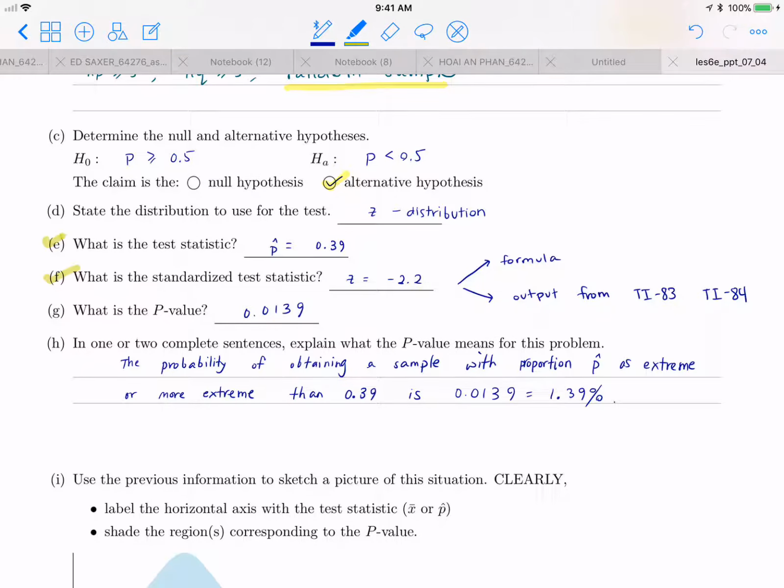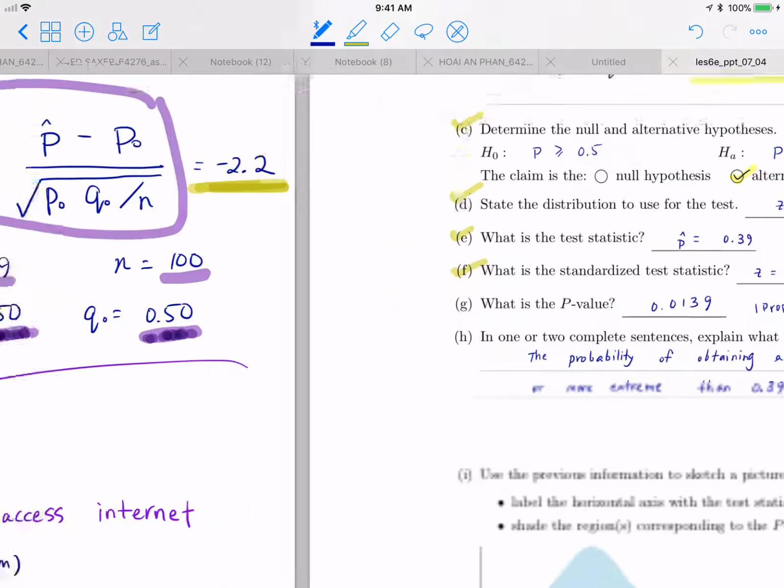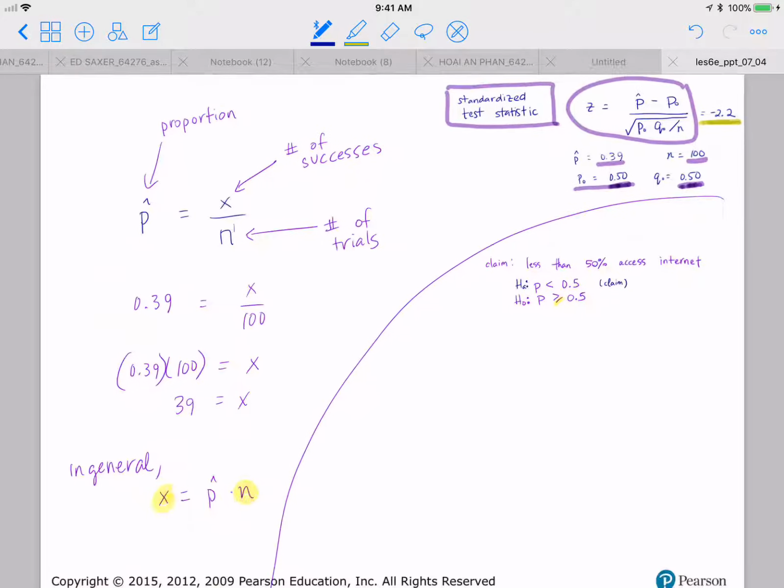Okay, so we've done that. Now, what is the p-value? Again, you're going to go to one prop z-test, and you're going to enter the information about n and x. You'll also need to enter the type of test.